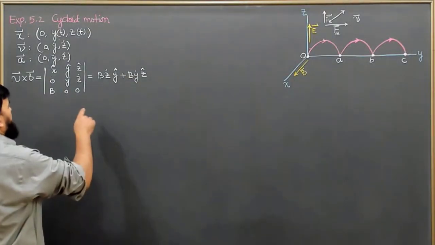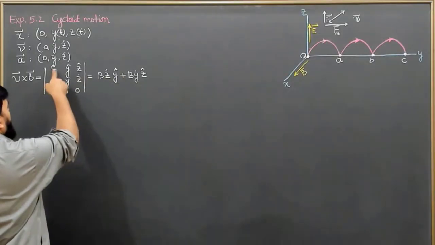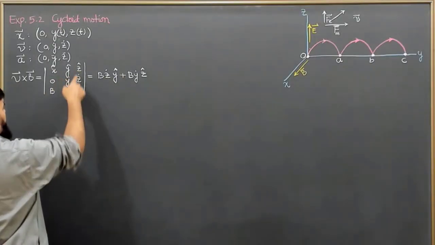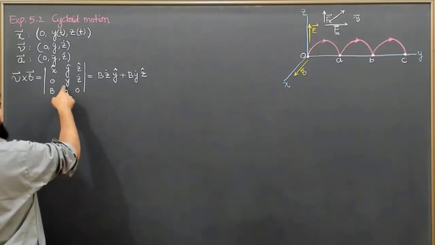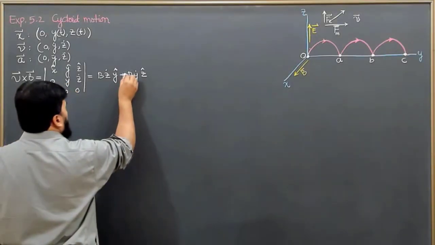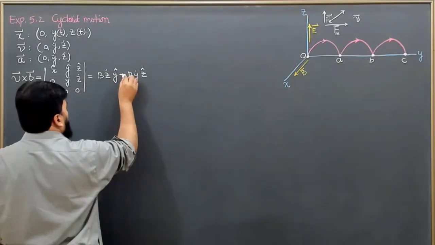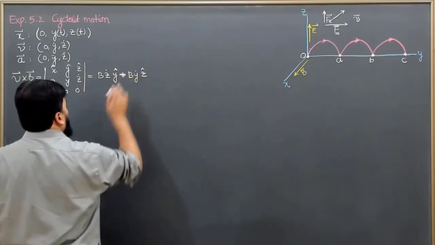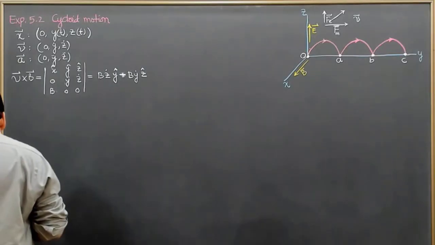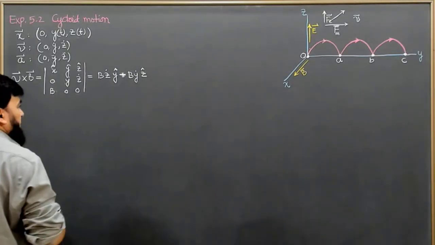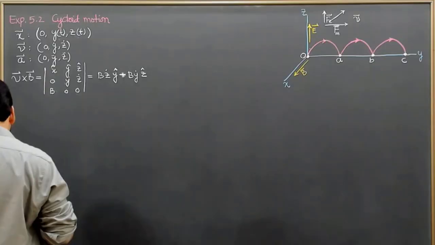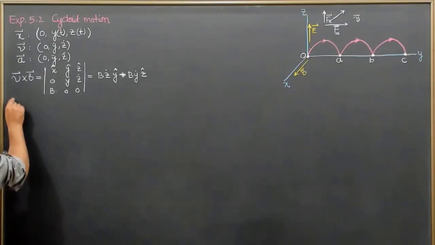Okay, we will have to take care of the sign here because when it is cut here, then we have 0 minus B_y dot. So here we have minus, not plus. This is minus.